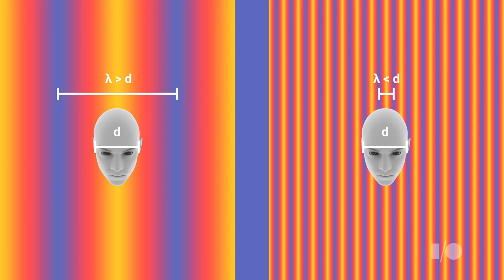At the moment where we consider high frequencies, the size of the sound waves traveling through the air becomes smaller than the human head. So at approximately 1.5 kilohertz, this is exactly what is happening. At this moment, the human brain isn't able to differentiate anymore if it's the same sound wave hitting both ears or if we have two separate sound waves.